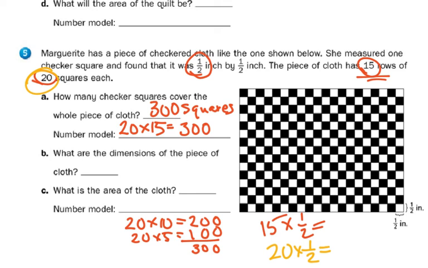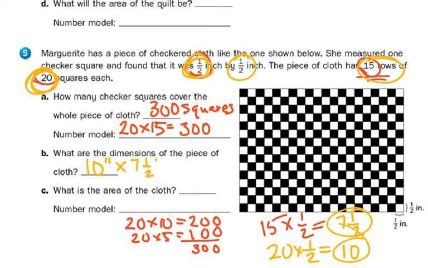So what's half of 15? 7.5. What's half of 20? 10. So the dimension is 10 inches. And I took that by taking 15 rows, each 1/2 inch by 1/2 inch, and 20 times 1/2. So 10 inches by 7.5 inches.